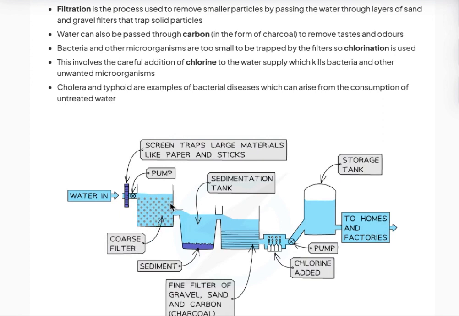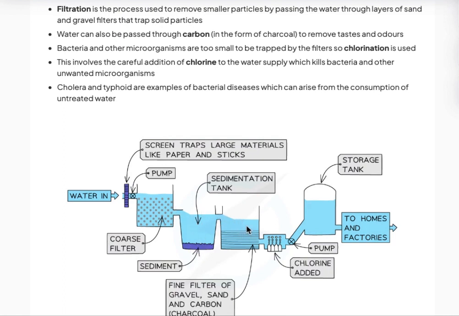After that, we pour the water here. Then the solid substances that did not dissolve or that were not filtered off will fall due to gravity and settle at the bottom of the water as sediment.